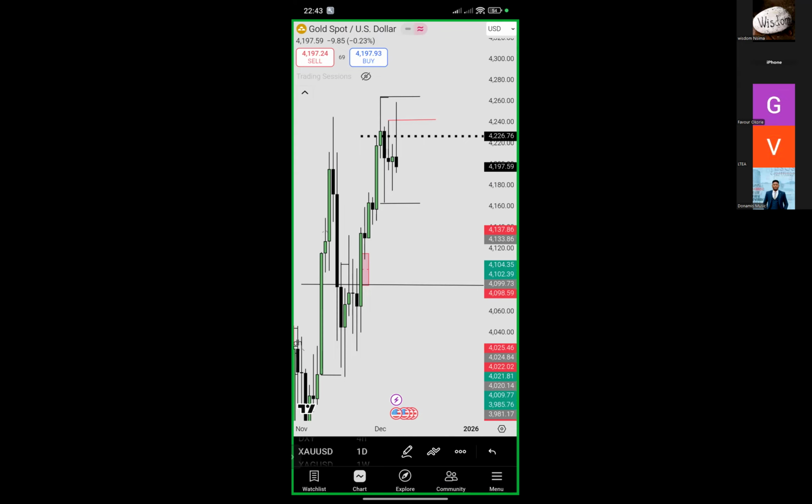if you measure the whole range of the Friday candle, from high to low, you can also see where the 50% of that candle is. Or you just measure the wick, it doesn't matter. But yeah, you can see where the 50% of the wick or the whole candle is. Like I say, it's very important.